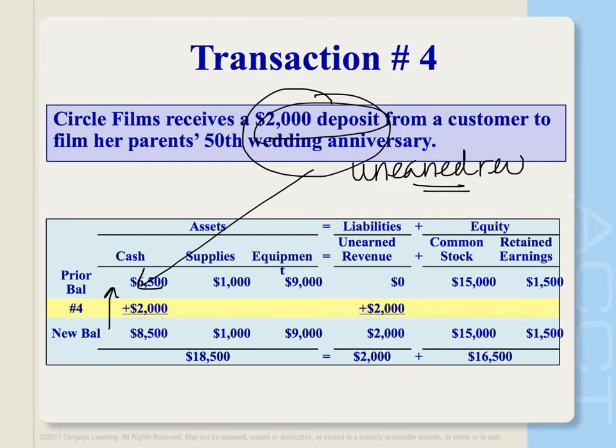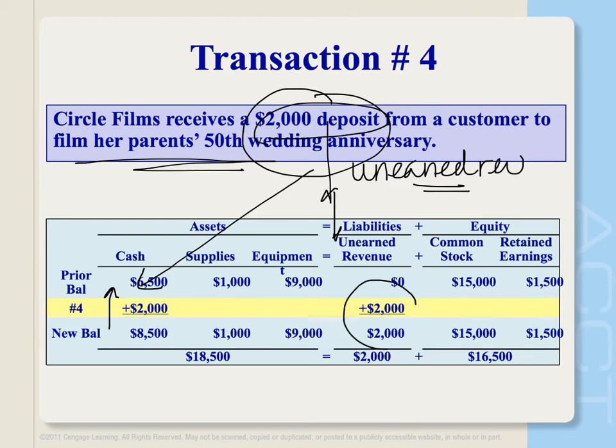It's unearned because I have to go and film the wedding anniversary before I earn it. At this point, Circle Films was given a $2,000 deposit to reserve their spot to come film the 50th wedding anniversary. And because it's a deposit, we're going to put it in unearned revenue until we earn it, which we'll learn what to do with in Chapter 4.